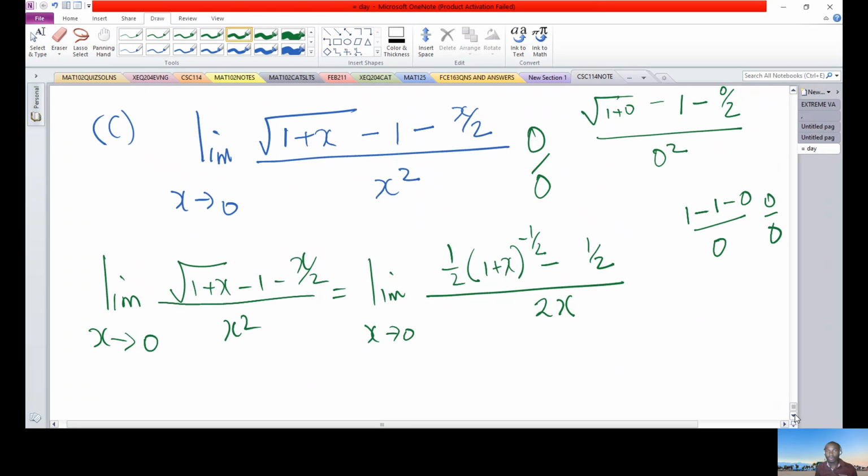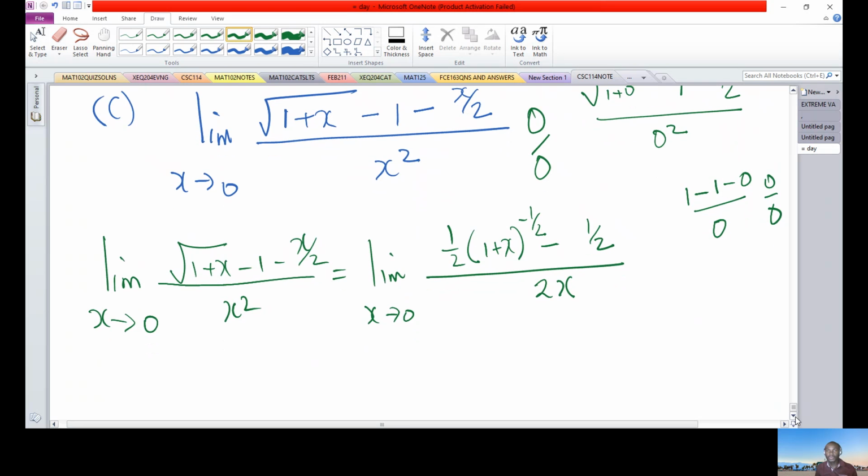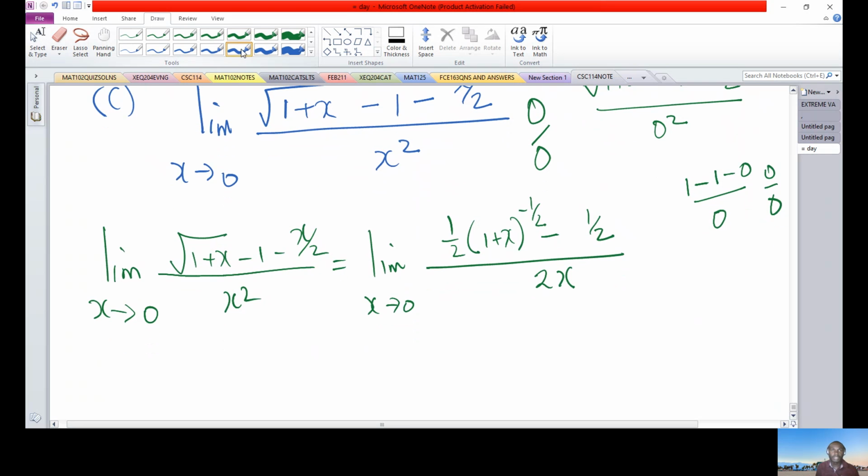Once we have done that, we can try direct substitution to see whether it works. We have a half times (1 plus 0) raised to the power negative a half, minus a half, over 2 times 0. This gives 1 times a half, which is a half, minus a half over 0. A half minus a half is 0 over 0.